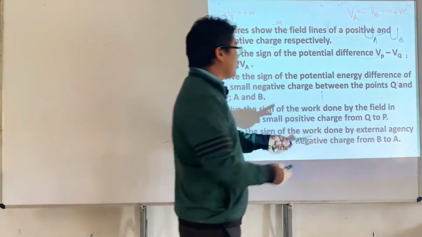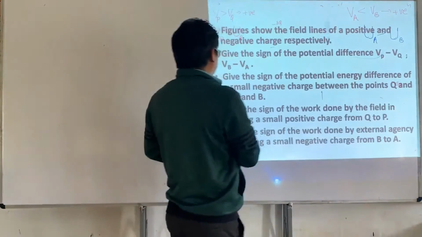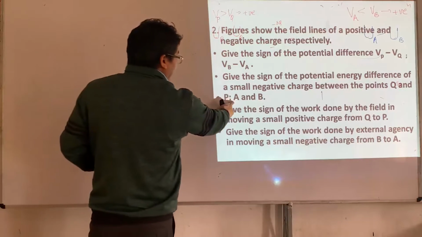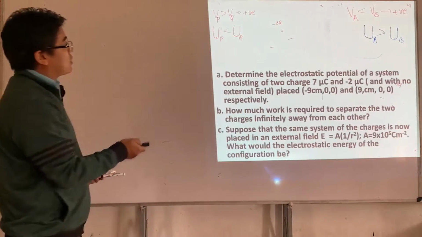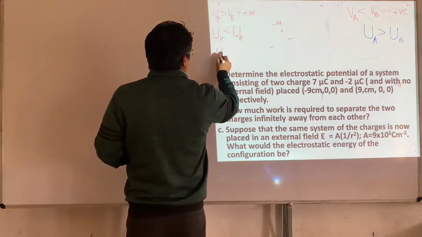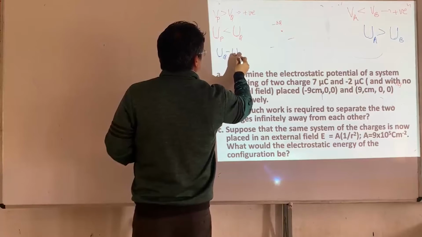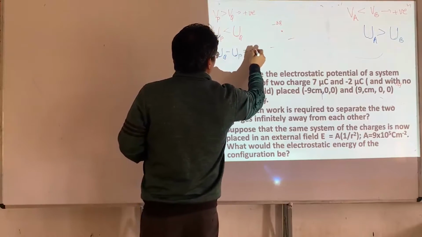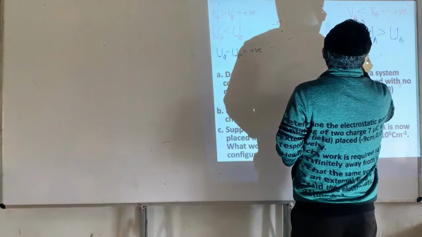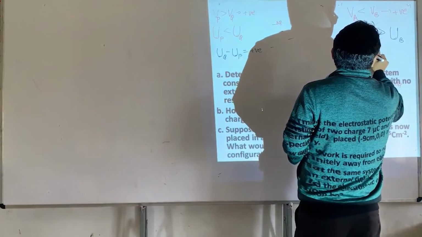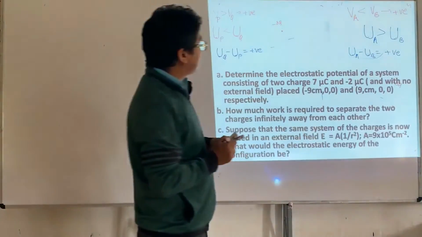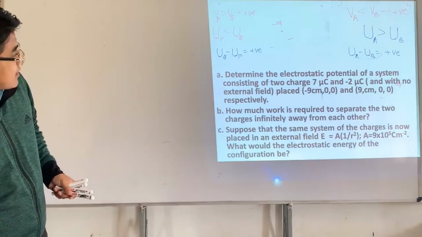Let's say this is going to be more than this, so this is going to be positive, and this is going to be more than this, so that is going to be positive. So this is what I have. Positive potentials.